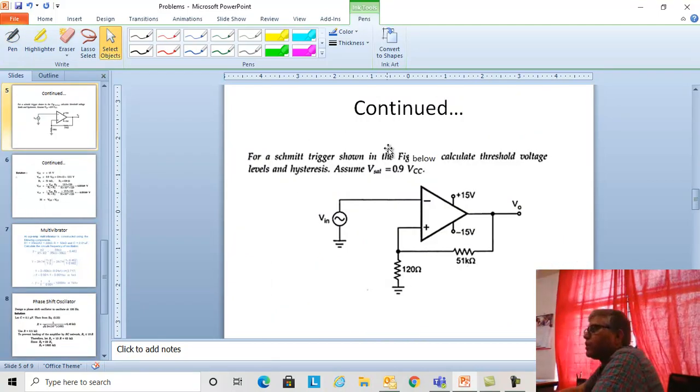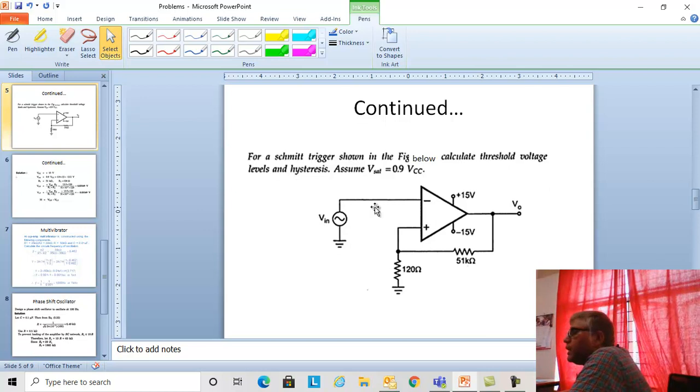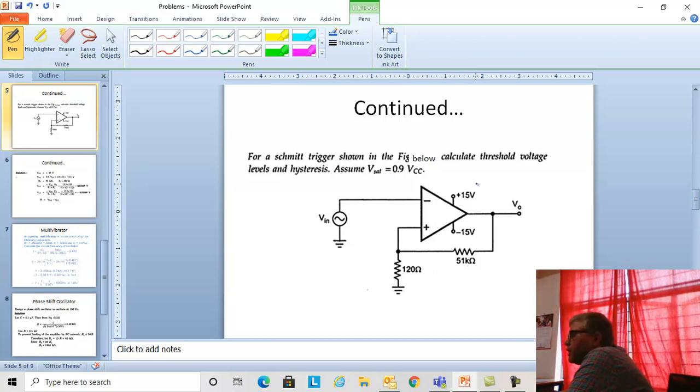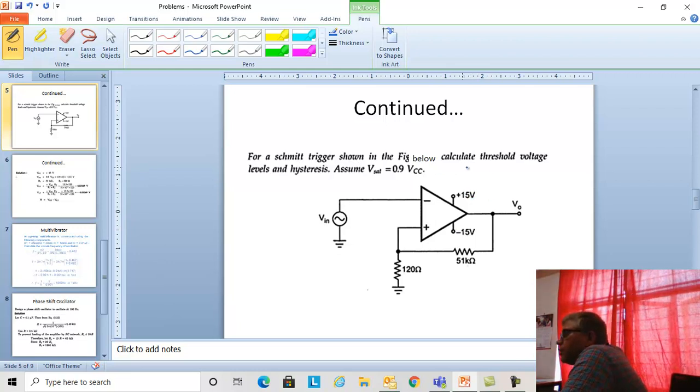Now the next question, again from the Schmitt trigger only. For a Schmitt trigger shown in the figure below, the supply voltage sometimes will be given, sometimes it won't be given, but if it is not given you can still assume it to be plus 15 and minus 15 volts. Calculate the threshold voltage levels and hysteresis.